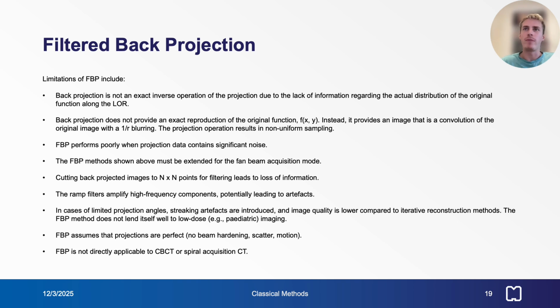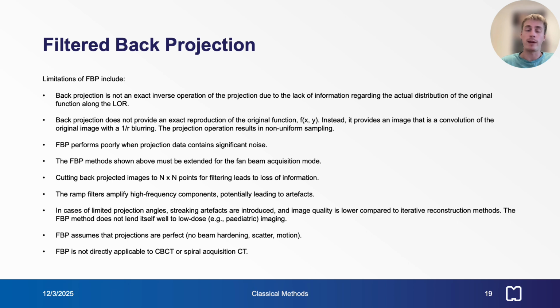Filtered back projection is routinely used in clinic, but does suffer from a number of limitations. As back projection doesn't provide an exact reproduction of the original image, the projection operation results in non-uniform sampling and performs poorly when projection data contains significant noise.